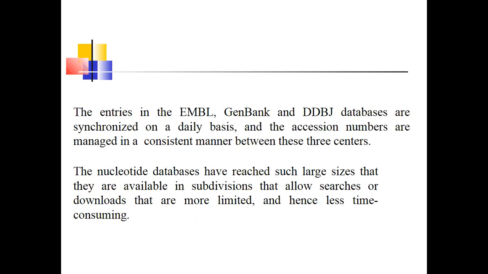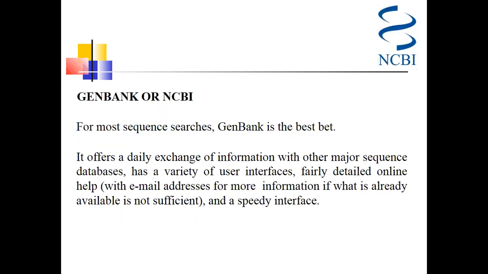The nucleotide databases have reached such large size that they are available in subdivisions that allow more limited, and hence less time consuming, searches or downloads. Mostly sequence searches are done with the help of GenBank at NCBI, and GenBank is considered one of the most reliable sources for sequences.